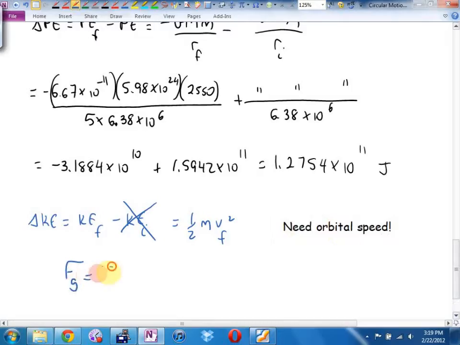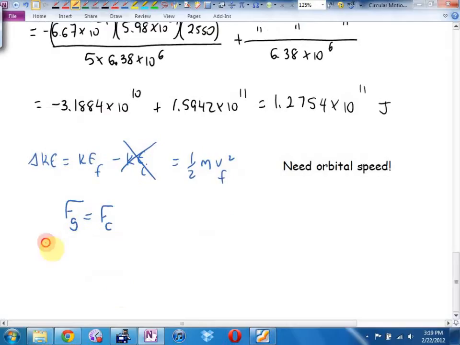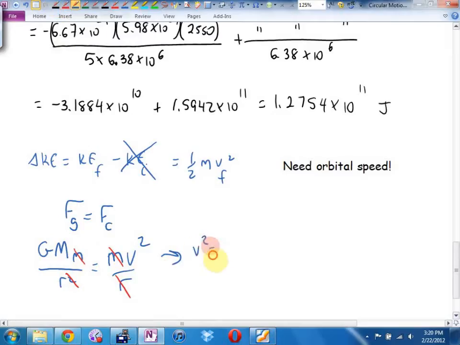Fg equals Fc, right? G hasn't changed. Big G, big M, little m over r squared equals m. I want orbital speed, so I'll use the mv squared over r. We've seen this a few times. Hey, an r cancels, woohoo! An m cancels, woohoo! One r is still left behind. We end up with v squared equals big G, big M over r.